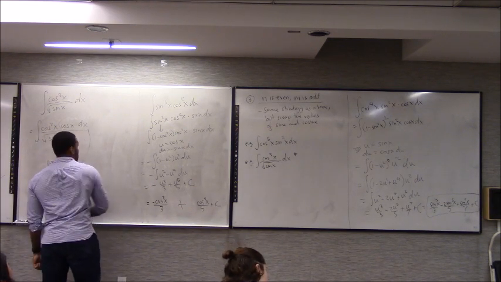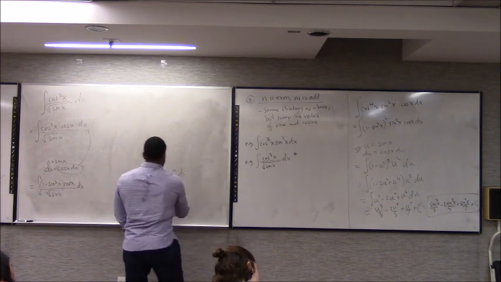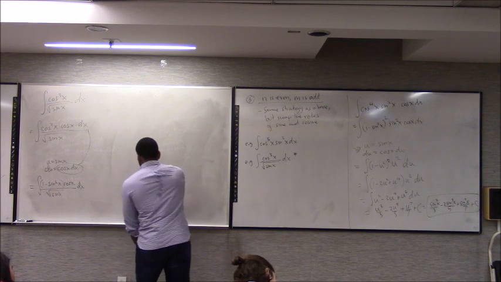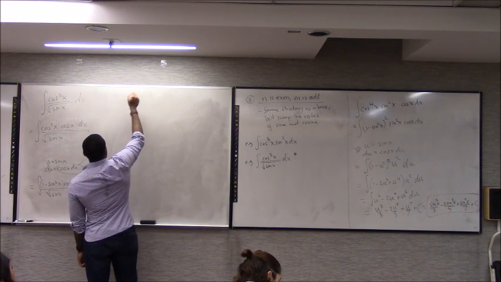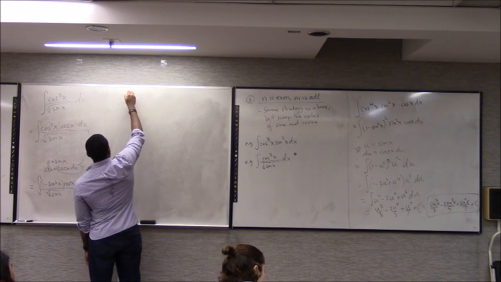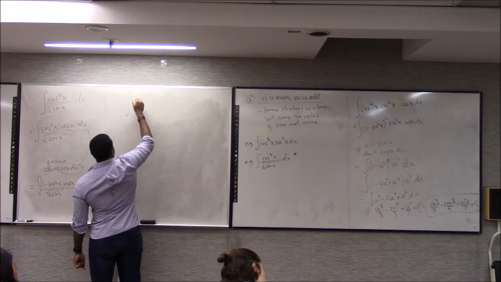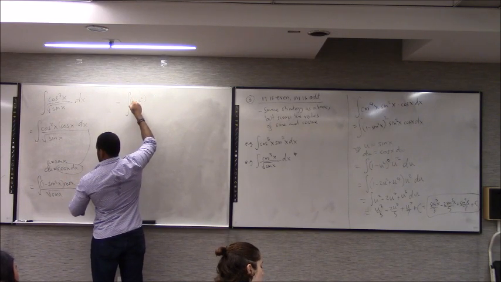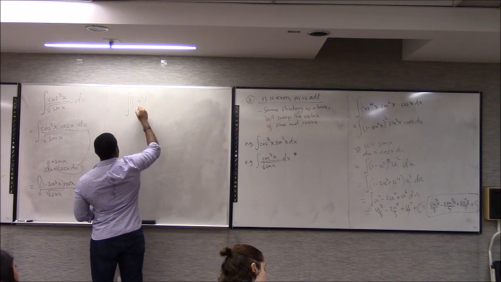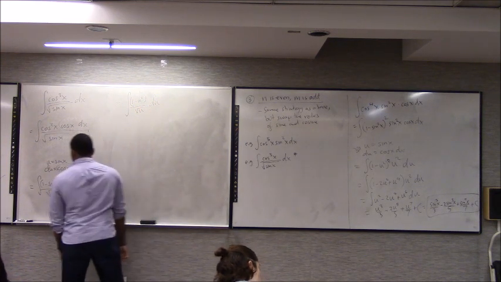So that all ends up, after the substitution, u was sine of x, so that's 1 minus u squared. That whole thing goes away because that's the du, and then I have a radical here in the denominator. Okay, how do I integrate that?